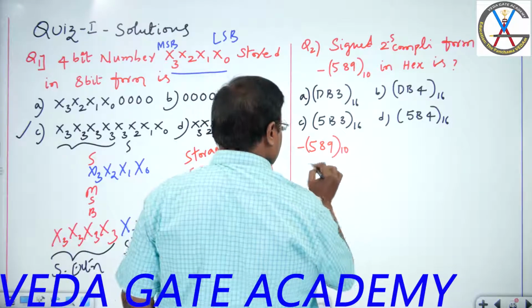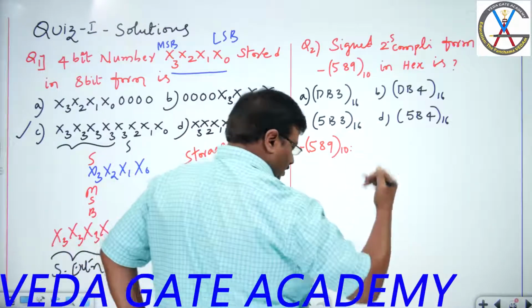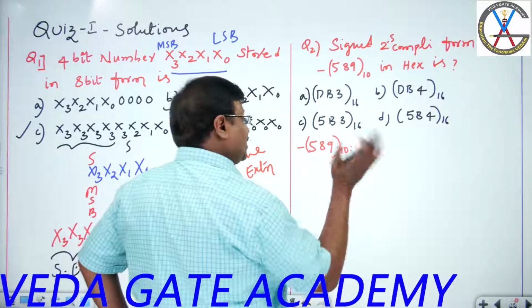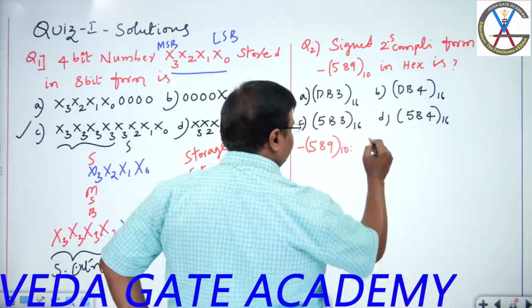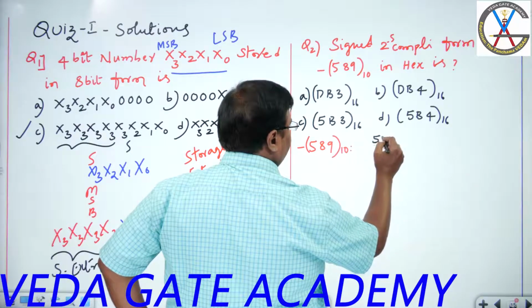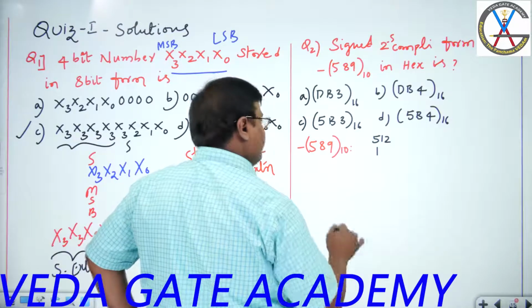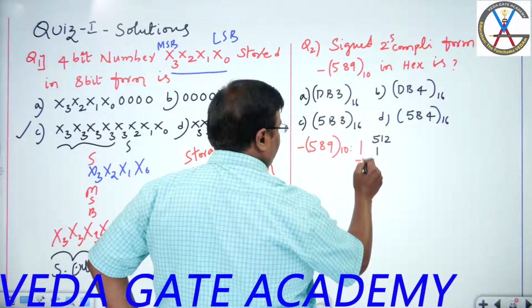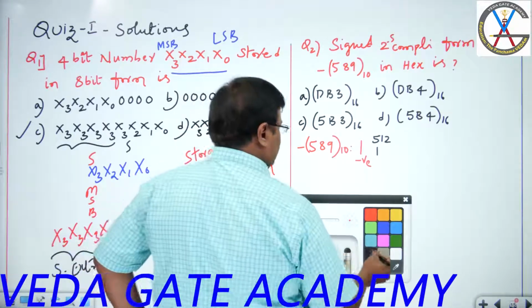Binary format is: begin from 1, 2, 4, 8, 16, 32, 64, 128, 256, 512, right? So begin with the 512. 512 must be 1. Minus 589, no? So sign also must be 1, negative. 512, after that 256 must be 0.